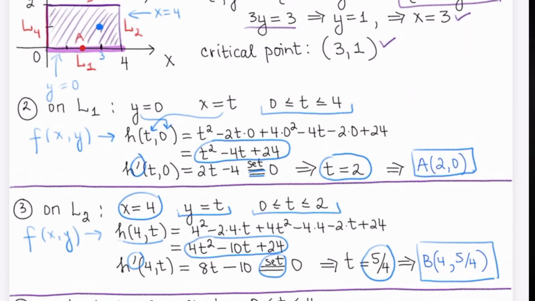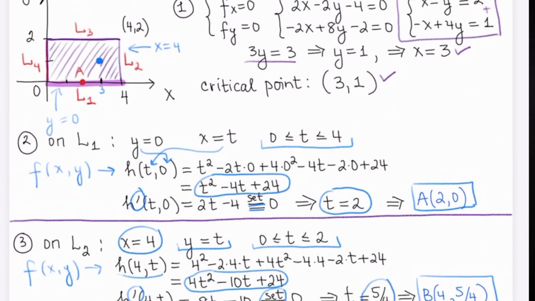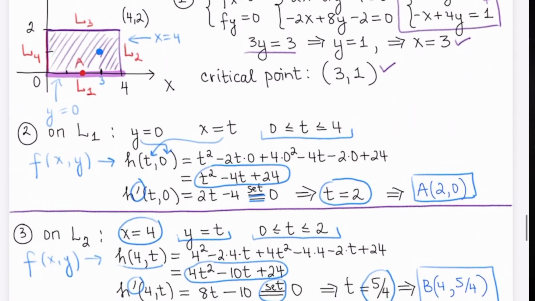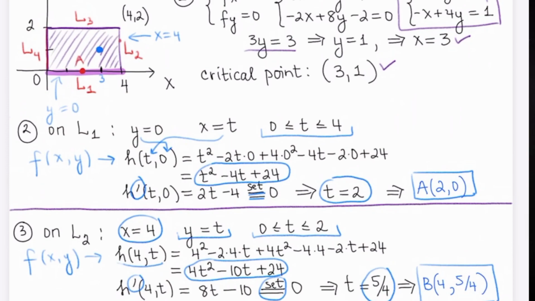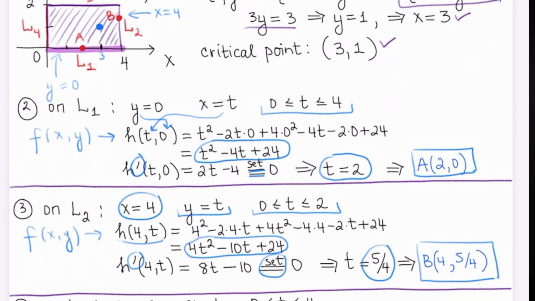Let's go ahead and mark that point on our graph. Let me scroll back up a little bit. So x is 4 and y is 1 1/4, roughly over here. That's our point B. Again, we know that the general behavior of this polynomial is a parabola opening up, so that point is going to be a local minimum. All right, so this portion is done.